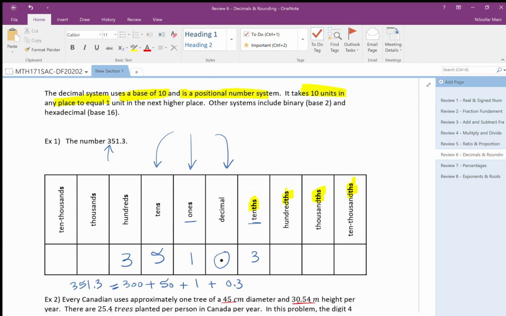After the decimal, however, it doesn't start from 1. When I do the decimal, it means I already divided by 10. So I do tenth, hundredth, thousandth, ten-thousandth, and you just need that th at the end of each number. When you move to the right, you are dividing by 10 every time you move one position further to the right.